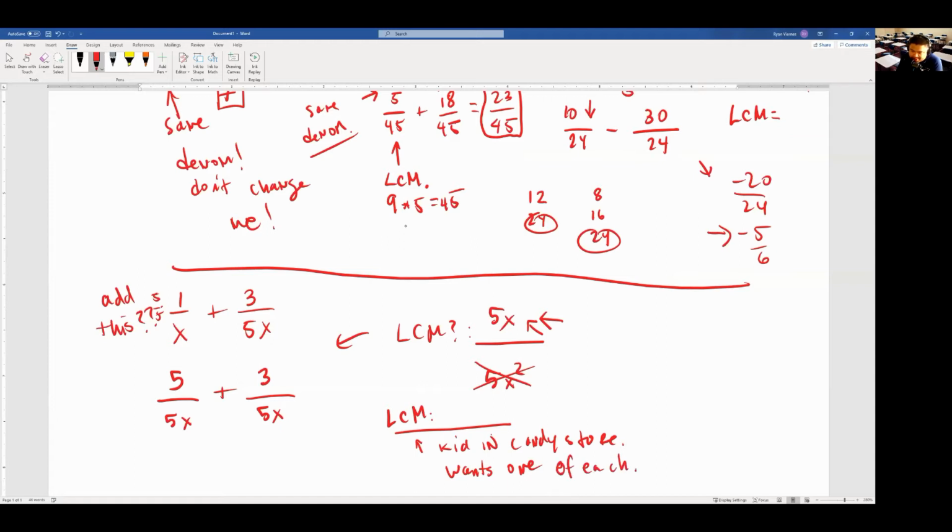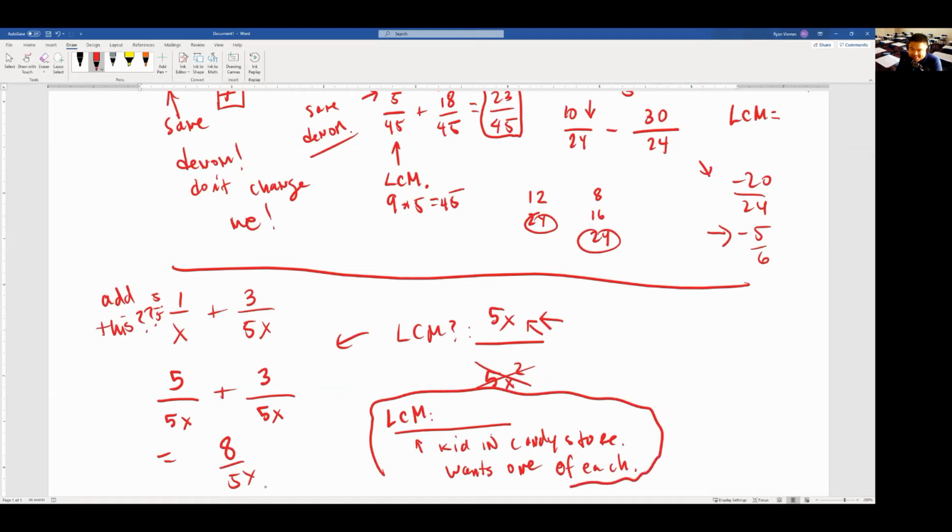So he goes to the store and he goes, ooh, I want an X. I want a 5. I could get this X, but I already have one. Hence 5X. That explanation is going to make more sense in the eventual example. However, for now, let's accept the answer as just 8 over 5X.